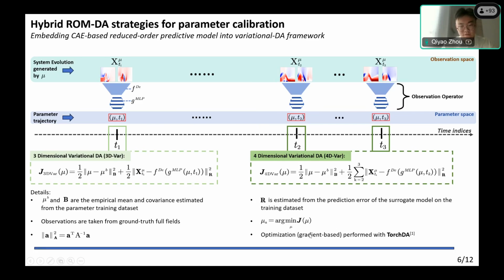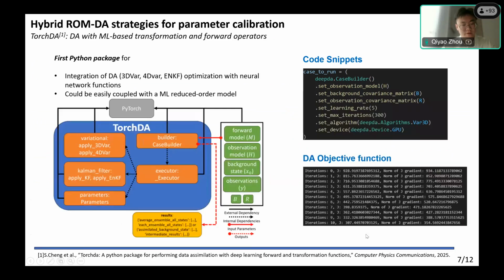The optimization is performed through the TorchDA package, the first Python package for the integration of DA methods with neural network functions, whether they are transformation models or forward models.